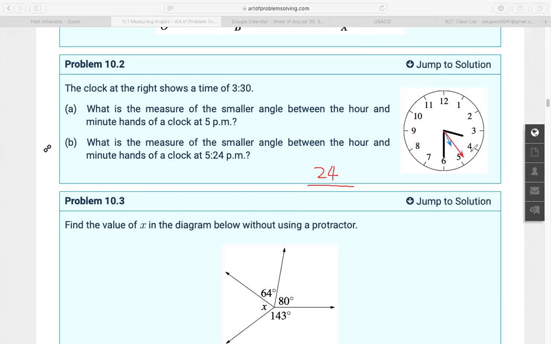But for the hour hand, if the minute hand goes 6 minutes, then the hour hand will move 30 degrees.